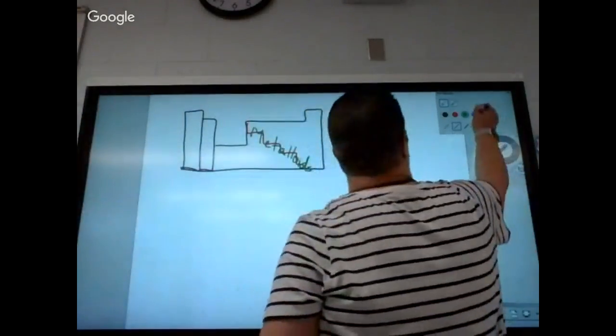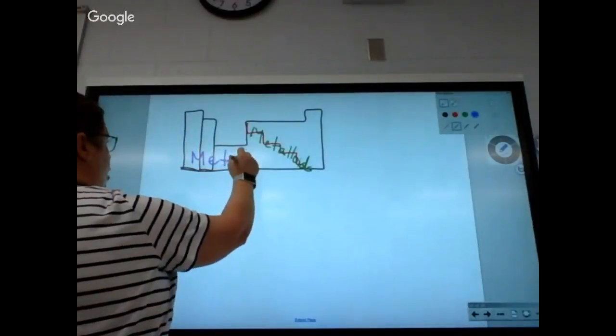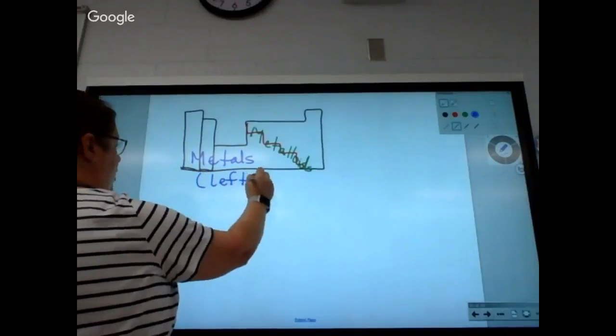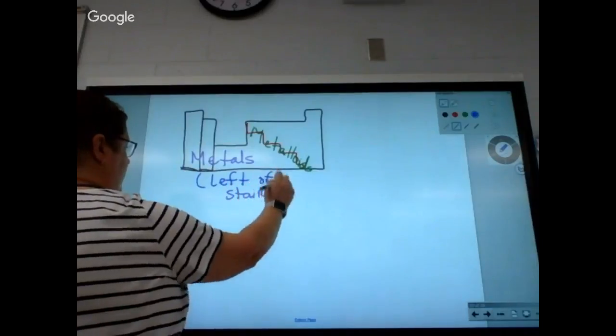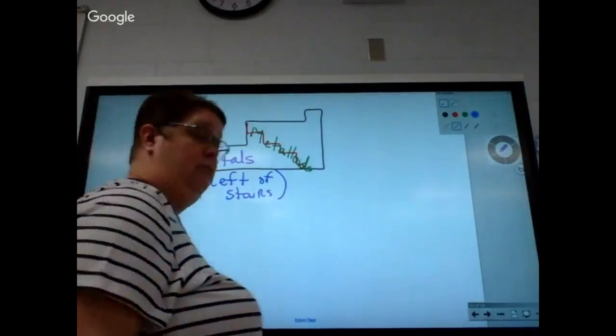Now, over here on the left are the metals. The metals are on the left of the stairs. And that's the way we describe them. Left of the stairs. I have a question. Mm-hmm.